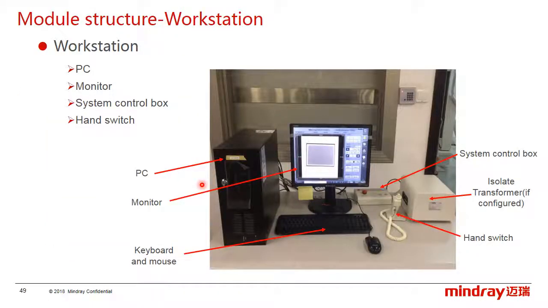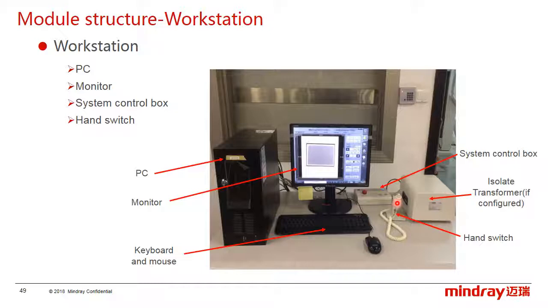The last component is the workstation, which provides the user interface and control function. It consists of the PC, the monitor, keyboard and mouse, system control box, a storage transformer, and the hand switch.